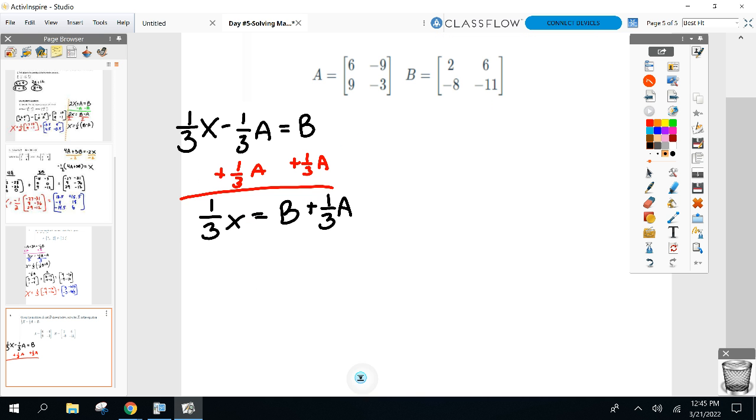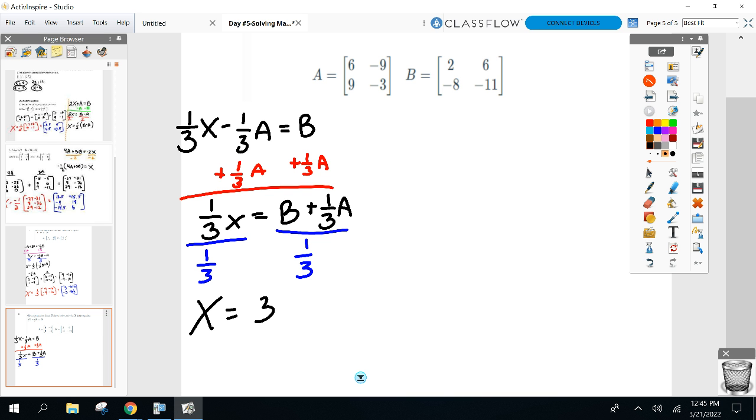This is why I picked this one in particular, this step right here. Multiply by 3. I can multiply both sides by 3, or you could divide by 1/3, but dividing by a third is the same as multiplying by 3. So you'll get there either way. So we're going to do 3 times matrix B plus 1/3 matrix A. That's going to be where our final answer is.